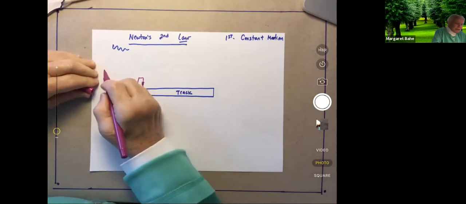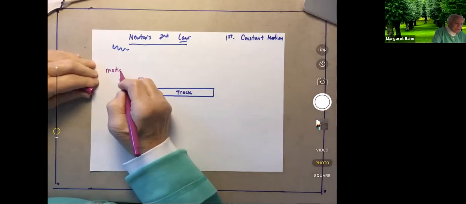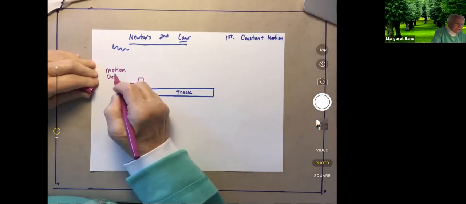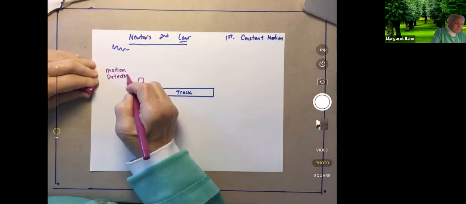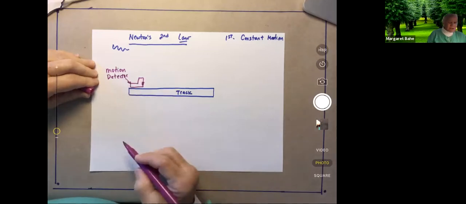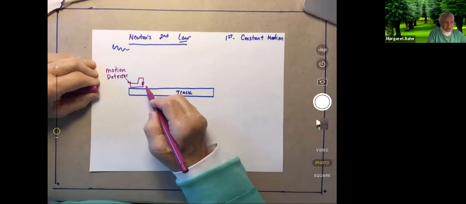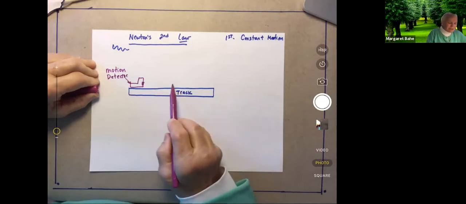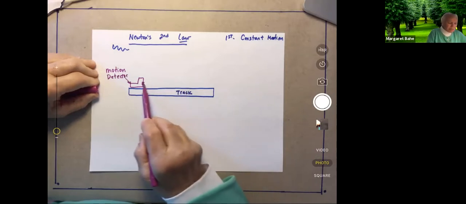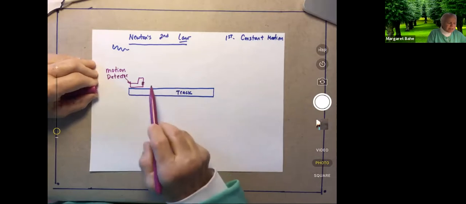It's called a motion detector. So that's what this thing is. This motion detector is a device that's got a little speaker here, and when something is in front of it, it can measure the distance by sending out pulses.